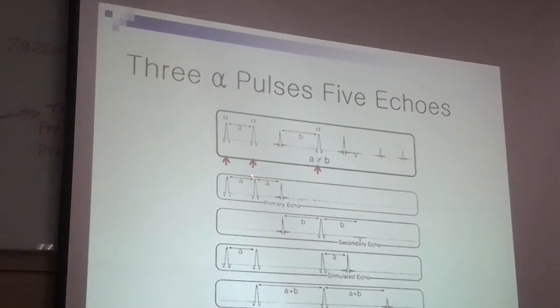So the combination of three RF pulses generates the 5 echoes here. Multiple RF pulses generate multiple echoes, so it's very complex when the RF pulses are repeated with a short time interval.